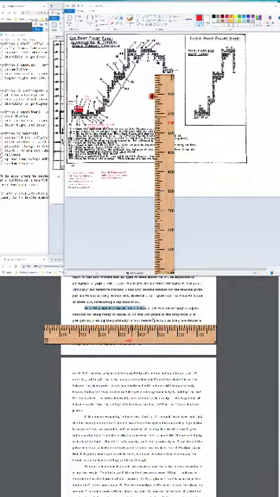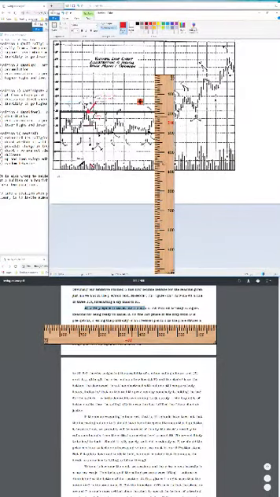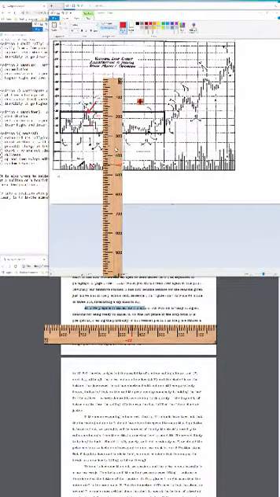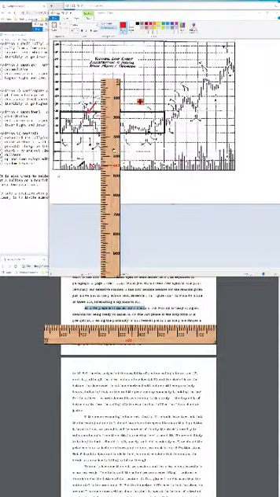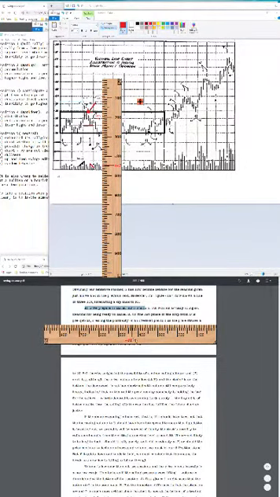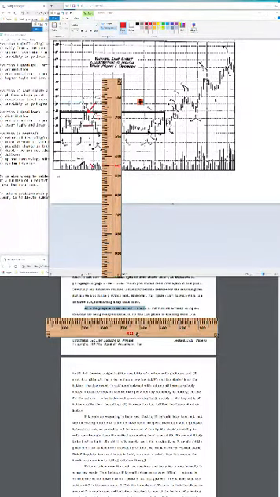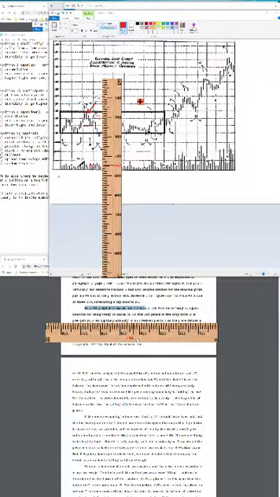So why does it go down? Let's see what the volume was here. So it's oversold here.